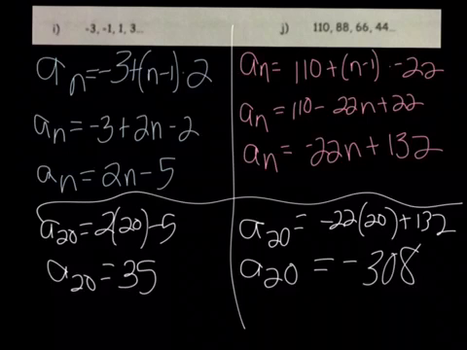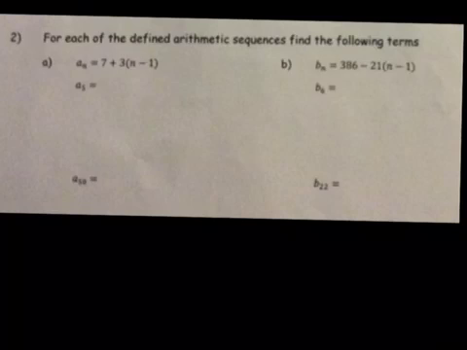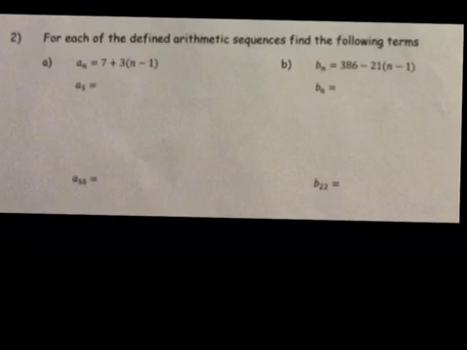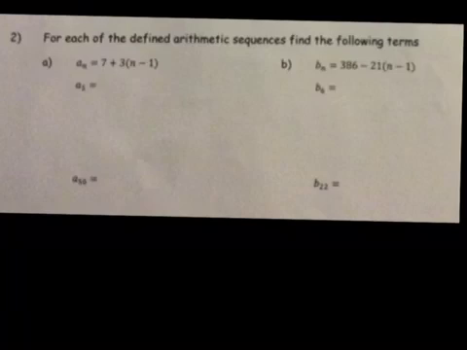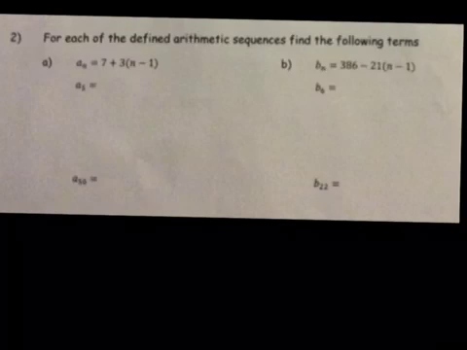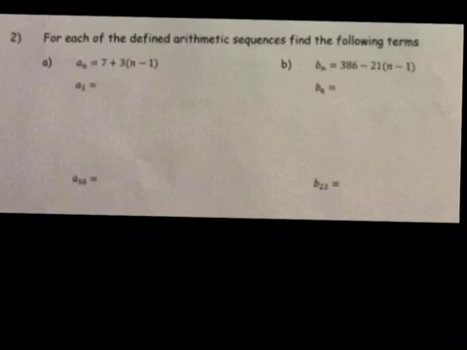We got one more problem to get through here, so bear with me, and let's get through this last one. For each of the defined arithmetic sequences, find the following terms. Before I keep going and find the terms, I want to distribute that d value out and get this down to look like mx plus b form, because otherwise sometimes we make mistakes with our order of operations.